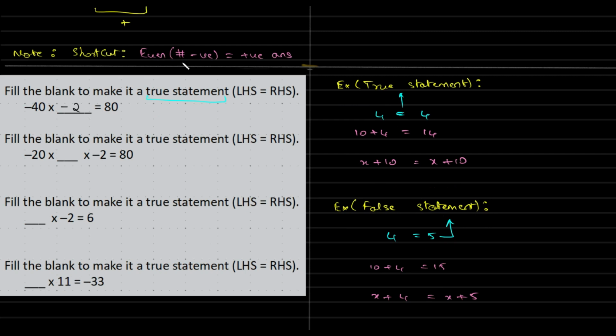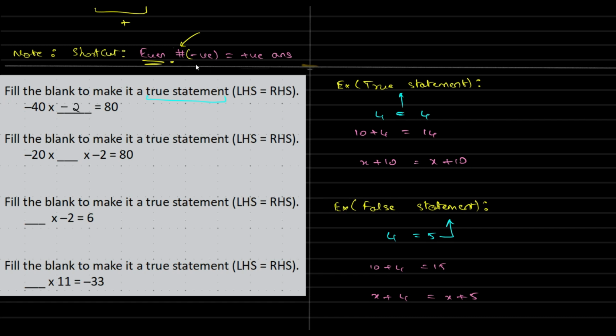If you have an even number of negative terms, okay, sorry, I didn't teach you what I have written over here. Actually it should have been written this way, I wrote it wrong. Even number of negative terms.